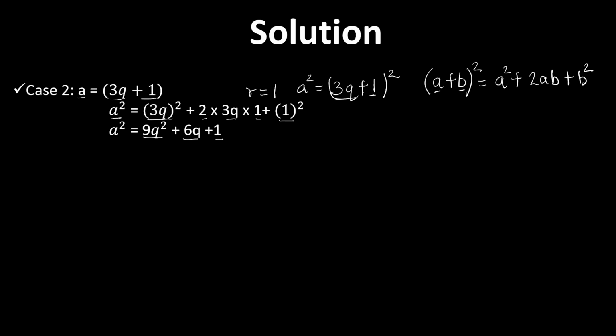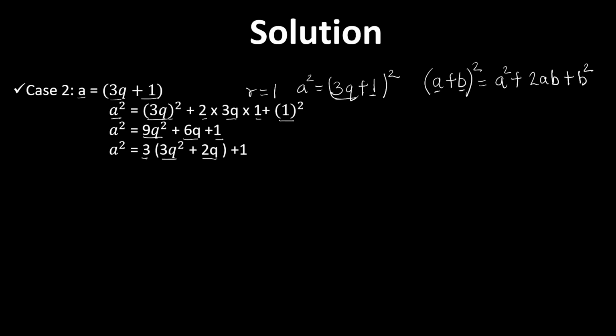Now, it is time for us to take 3 common. We can take 3 common from the first two terms, 9q square plus 6q. This plus 1 will remain as it is. So we write a square equals, taking 3 common from 9q square and 6q, 3 into 3q square plus 2q, plus 1.